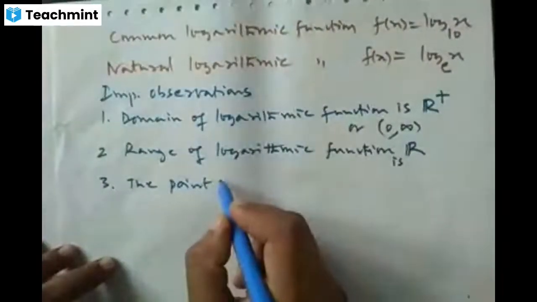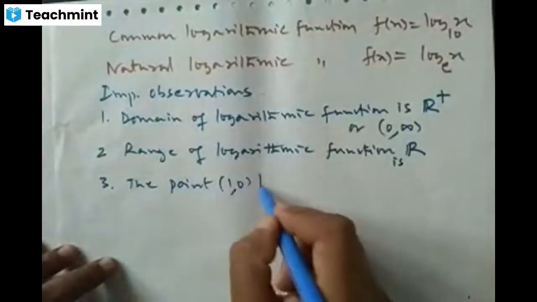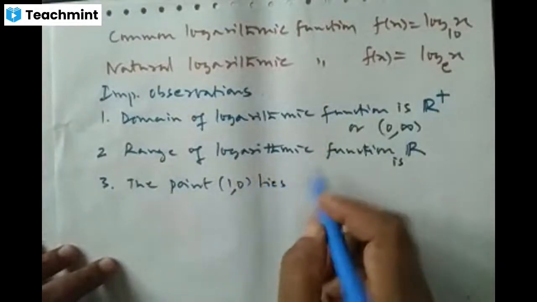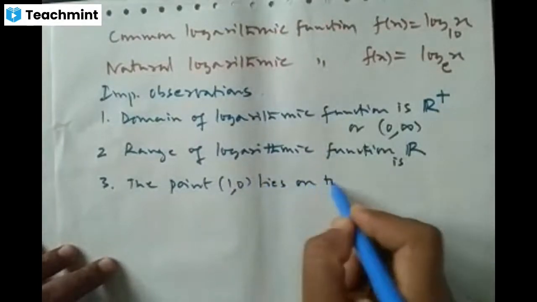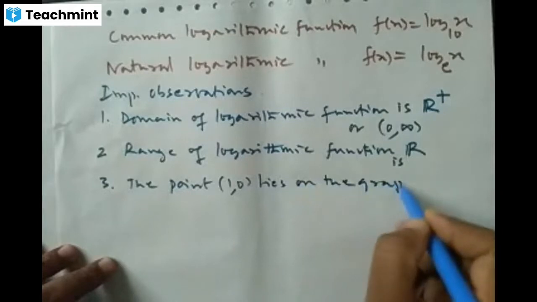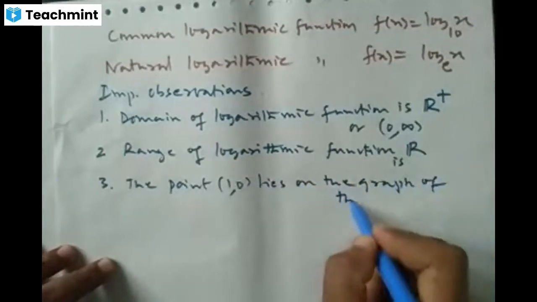So the point 1 comma 0 lies on the graph of the logarithmic function.